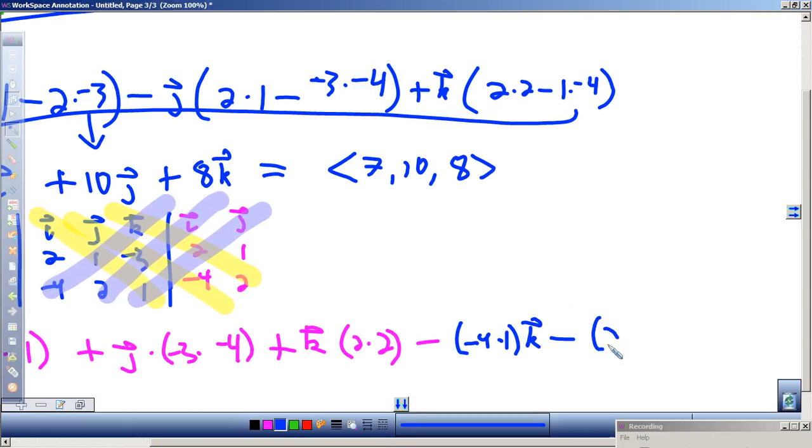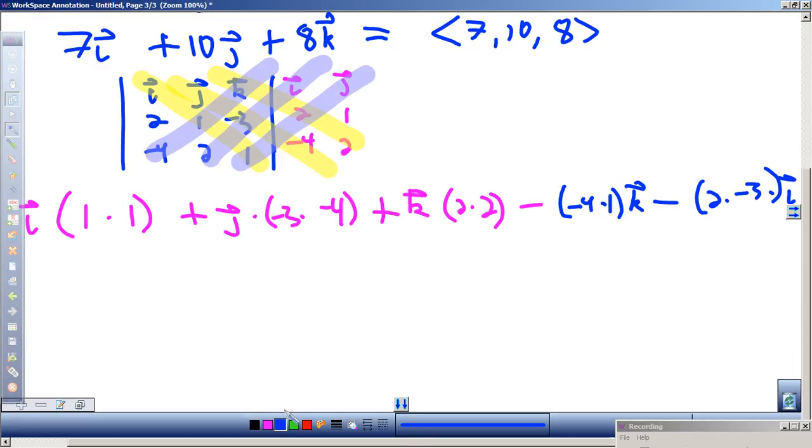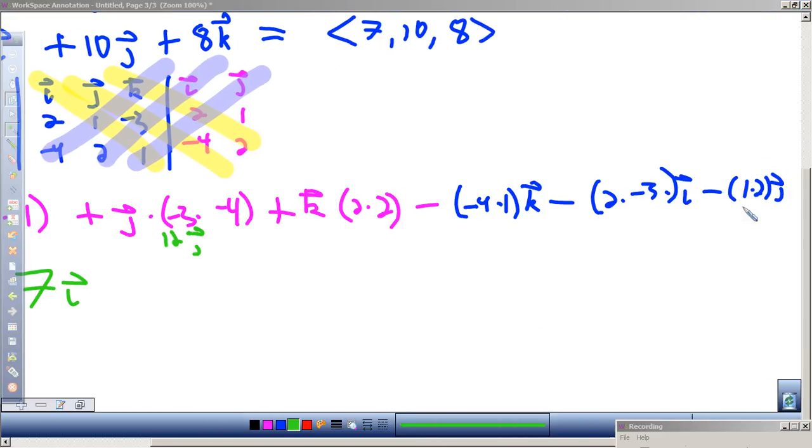So we have 2 times -3 times 5, and last one, 1 times 2 times j. Now if I did it right, you get the same answer either way. So I've got 1i plus 6i gives us 7i. Got 12j and minus 2j gives me 10j.